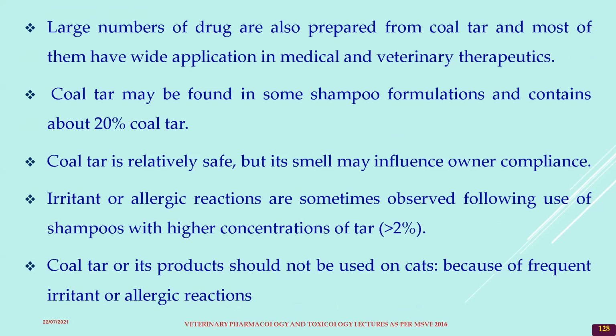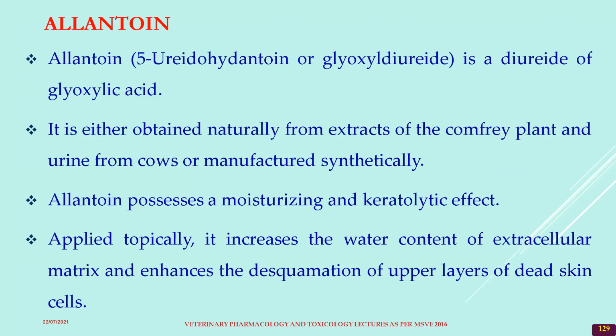Coal tar may be used in some shampoo formulations containing about 20% coal tar. It can cause irritant and allergic reactions, and some patients may show adverse effects. These products should not be used in cats because of the irritant property, and as cats lick their body, they may get toxicity from these substances.